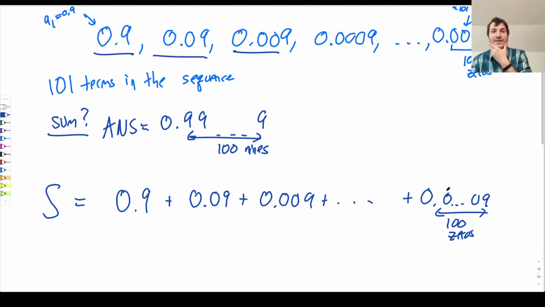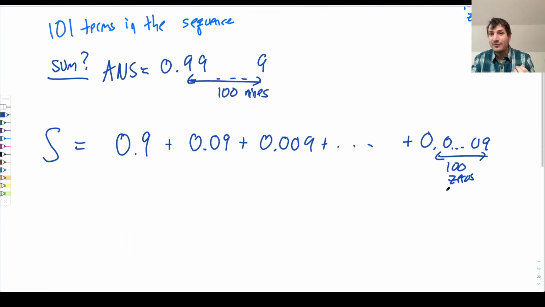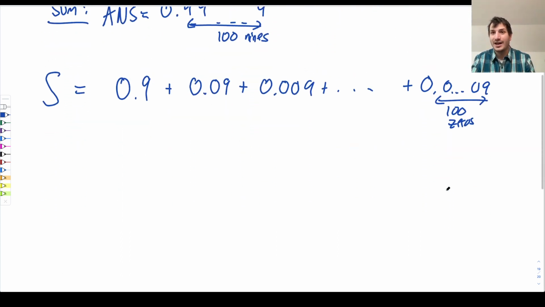Okay, that's S. And just like before in summing the arithmetic sequence, we're going to do manipulations to this equation to get a new equation. And it's going to be set up so that it gels with this equation in a nice way where we can get them to work.